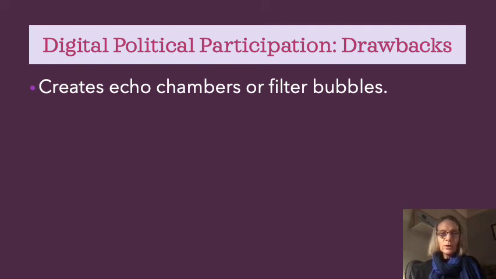In other words, while you can get a lot of information online, depending on the way you organize your social media, if you're only following people on Twitter that align with your political perspective, or only engaging with people on Facebook that are aligned with your political perspective, you're going to get information, but it's going to be incredibly one-sided, and it's not going to be challenged from the other perspective. And that can be very dangerous, right?